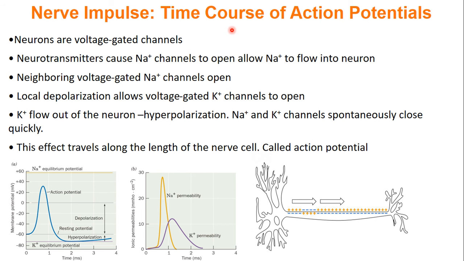All right, so let's look at how these channels are used inside your body, and we're going to look at neurons, which are basically a bunch of voltage gated channels. What happens is when your neurons receive a neurotransmitter, that will cause a sodium channel to open. And when your sodium channel opens, sodium from the outside will flow inside the cell.